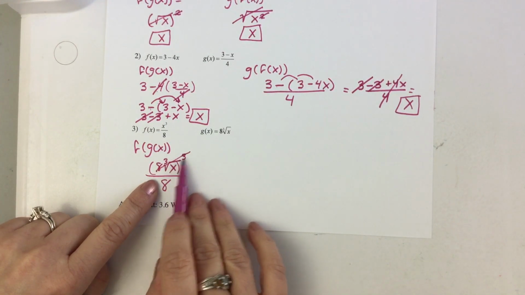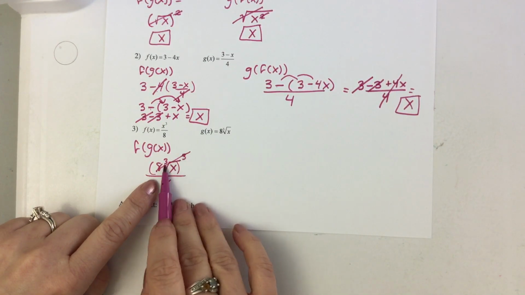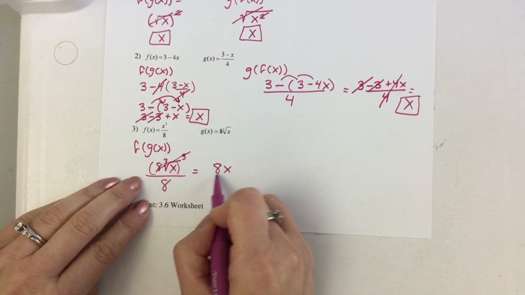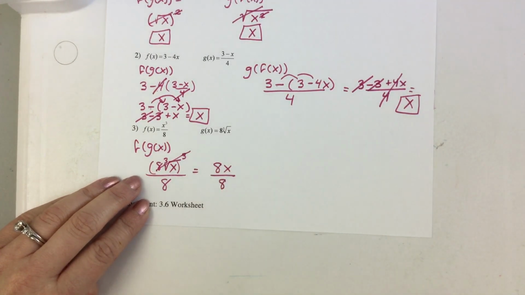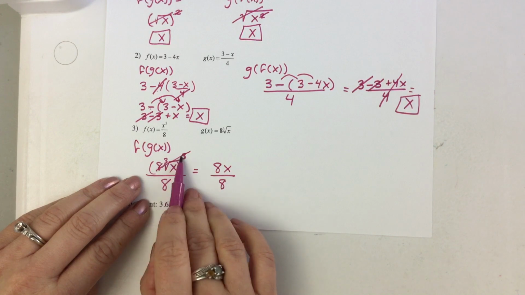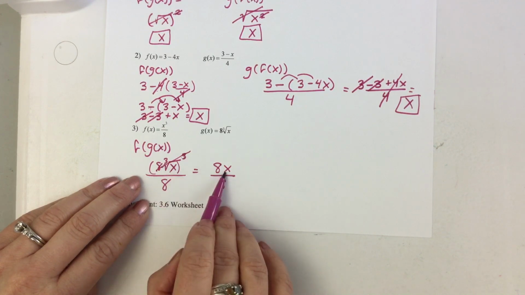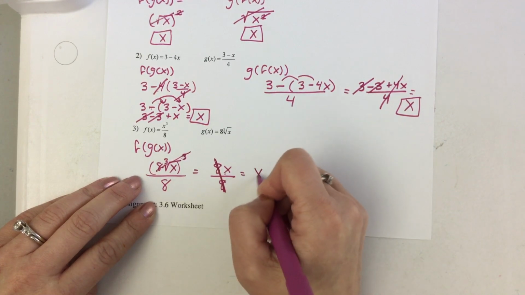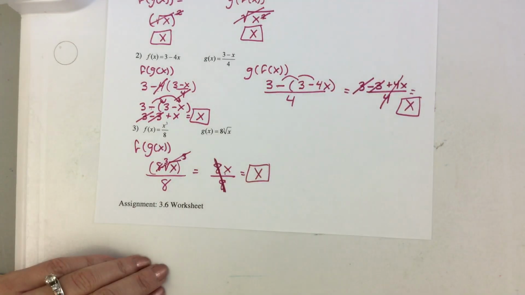If I cube a cubic root, that would cancel. So I would have 8x over 8. Cubic root cancels a cube, so the x is no longer underneath the symbol. 8 cancels an 8, that's x.